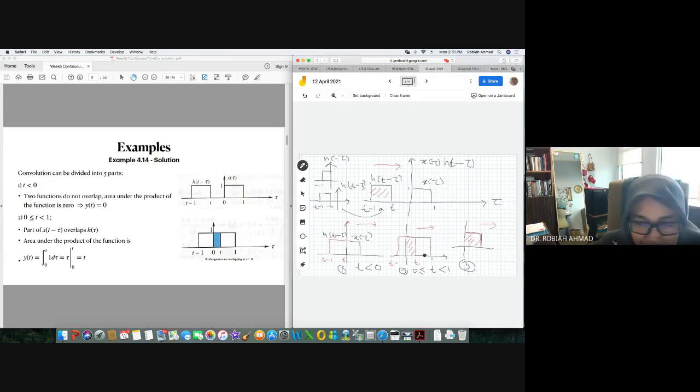Okay, sebab T ni akan bergerak sehingga dia habis ni T equal to 0 lah. So the limit will be 0 to T, and then since the amplitude of both signals are 1, 1 times 1 is 1 d tau, and then 1 integrate d tau will be tau, and the limit is 0 to T. So our yt from 0 to 1 is T.